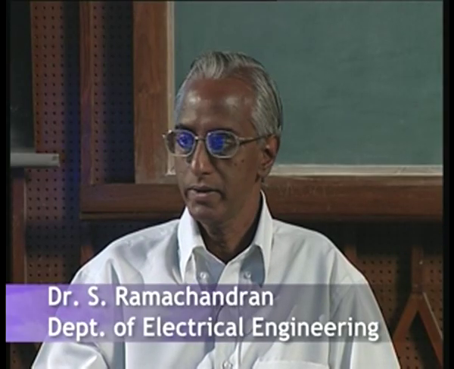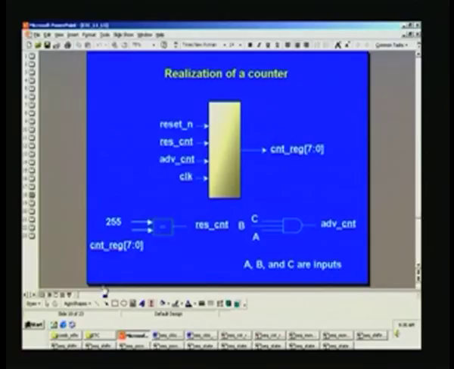We were analyzing waveforms of a counter in the last class, and we will continue to do the same in this. And as you see, a counter has a reset input, and there is further a reset counter here, which will take place only when counter reg, which is running counter, is equal to 255.